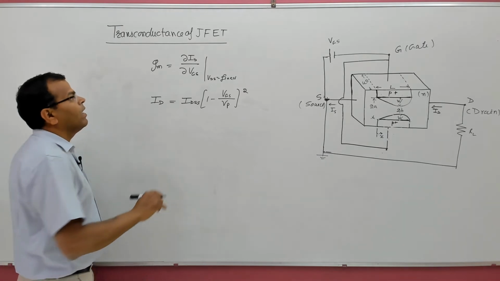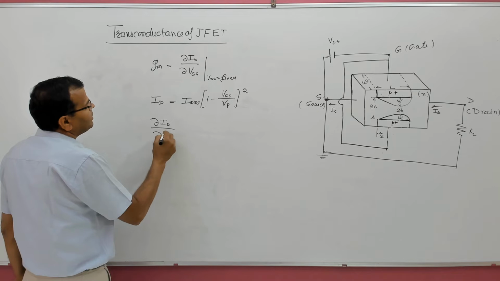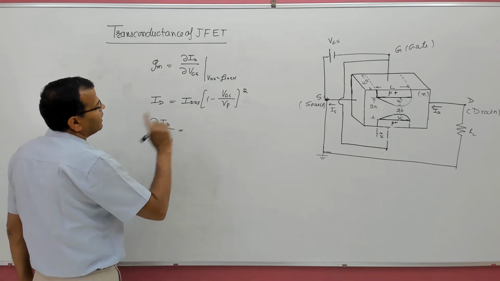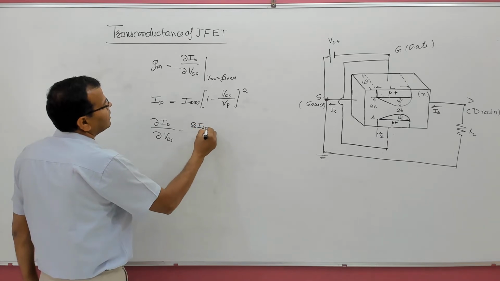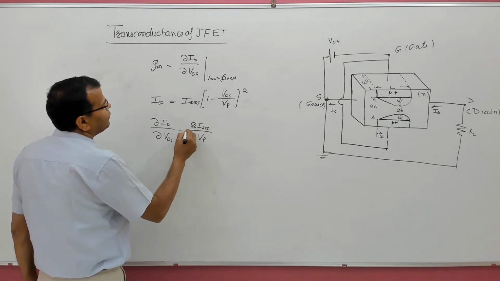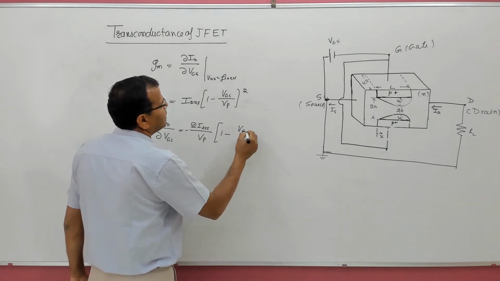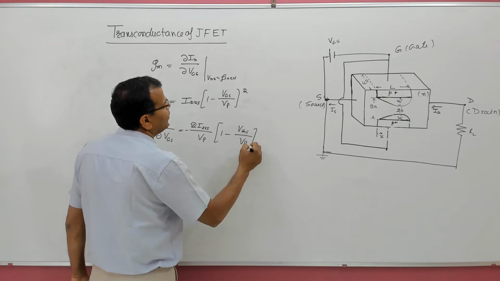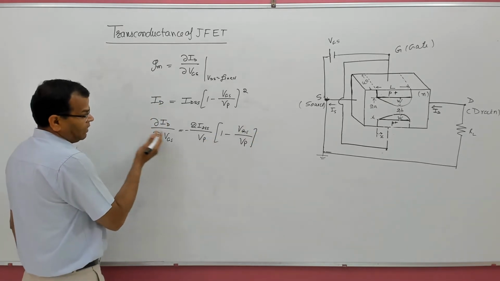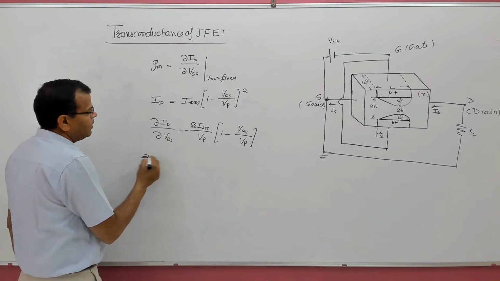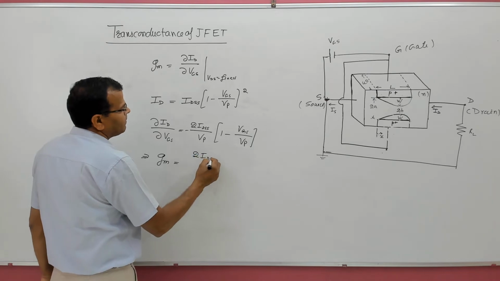If you differentiate this ID with respect to voltage VGS, you will get 2 IDSS by minus VP into 1 minus VGS by VP. Fine. But remember, this is the transconductance. Therefore, the transconductance will be equal to 2 IDSS.